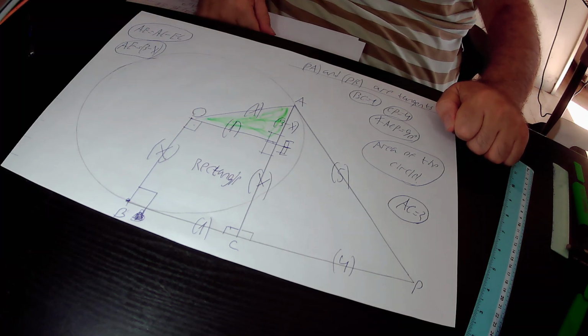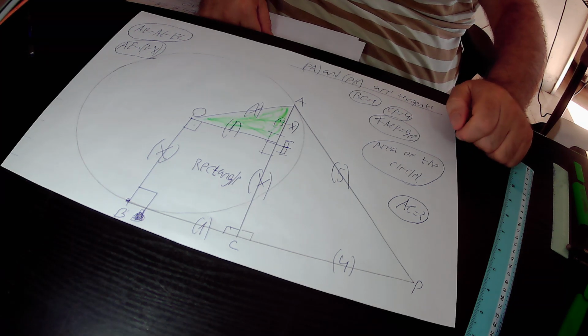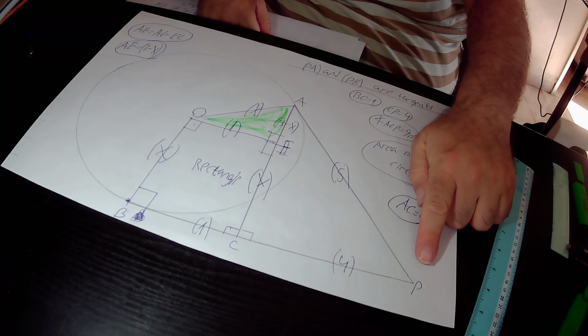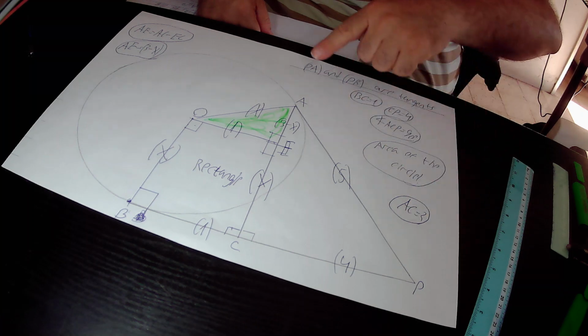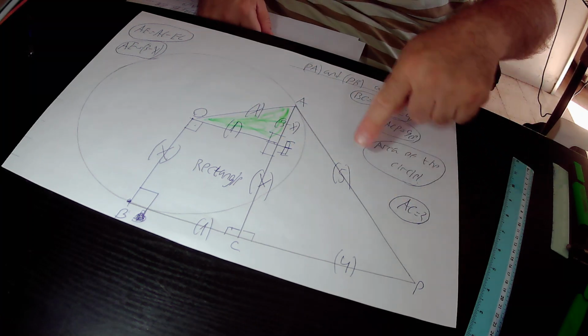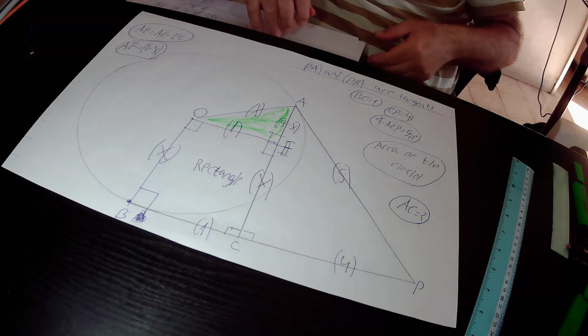So first of all, we implemented rule 2 in our drawing. Here we have the common standpoint point P. From this point P, we have two tangents to the circle, tangent PA and tangent PB. And according to rule 2, they are equal to each other. That is to say, PA equals PB according to rule 2.